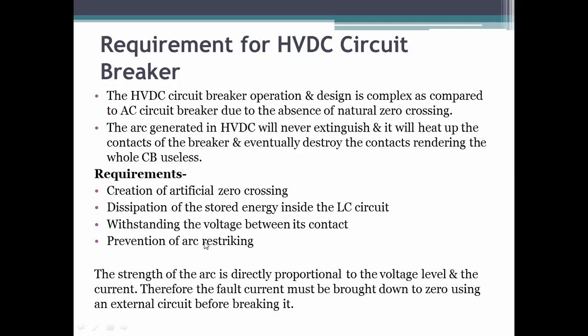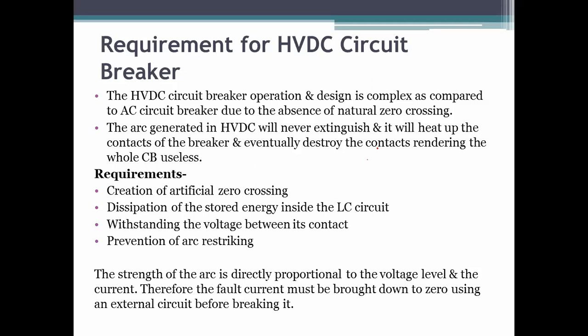What happens? In HVDC, there is a continuous supply, meaning no natural current zero crossing. That's why the continuous current will flow through the circuit. When we are separating the contacts, the arc will be developed, and that arc has very high heat, right?